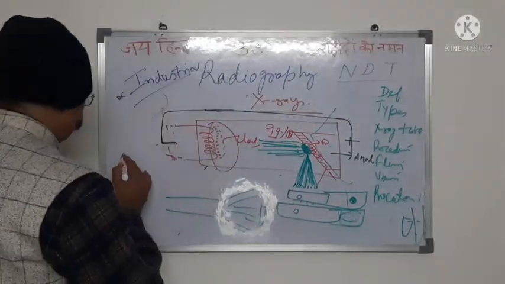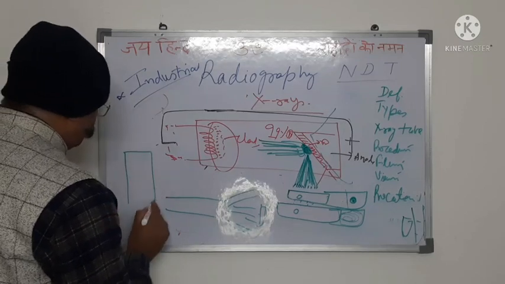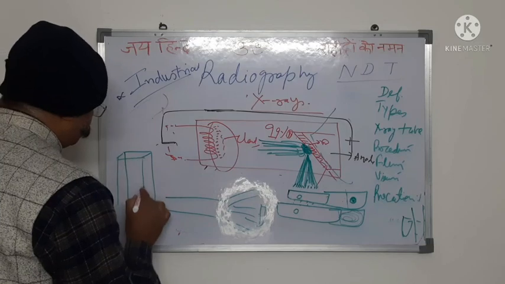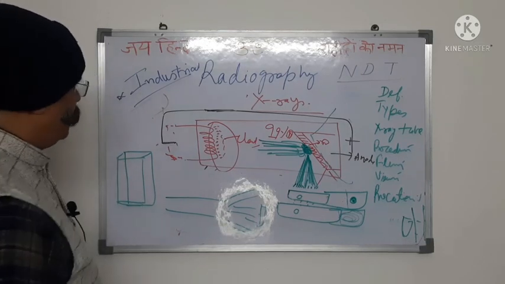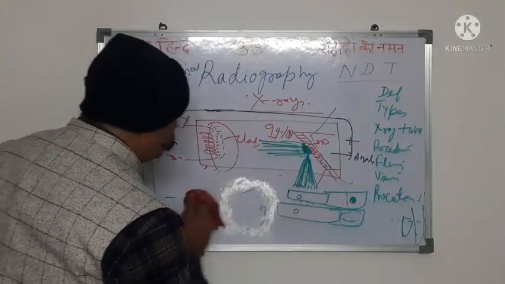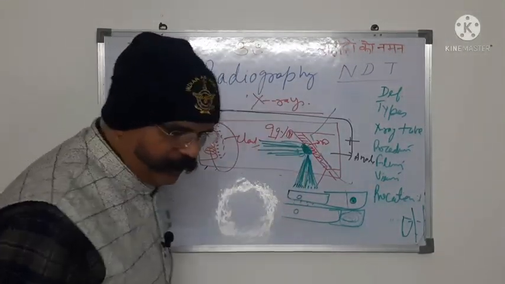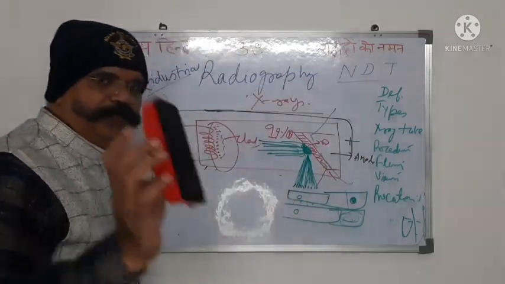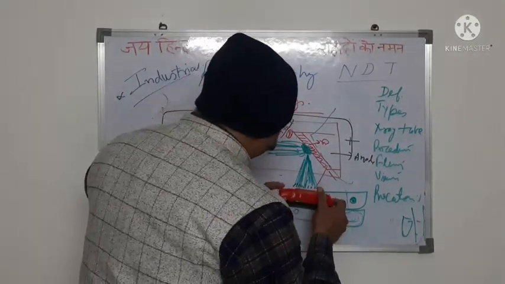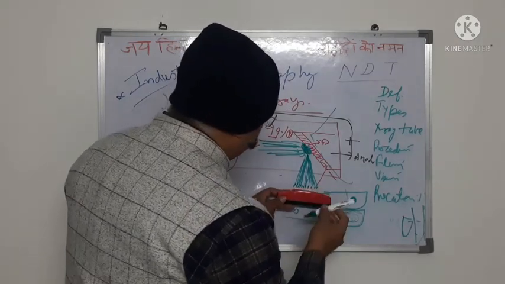Suppose you have a metal plate here. You want to do the X-ray of this metal plate. I'll show one example. Suppose this is your metal plate. If I place this plate like this, what will happen?